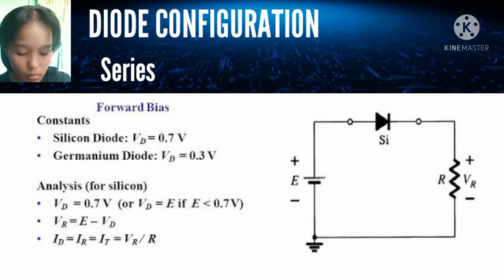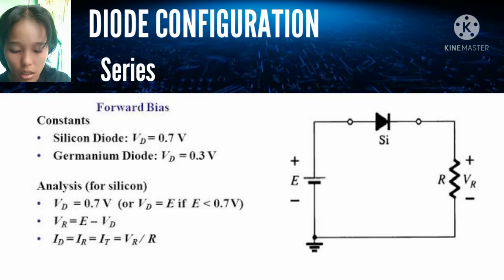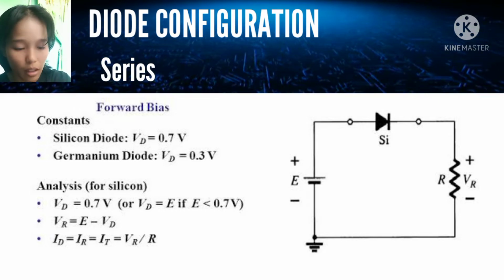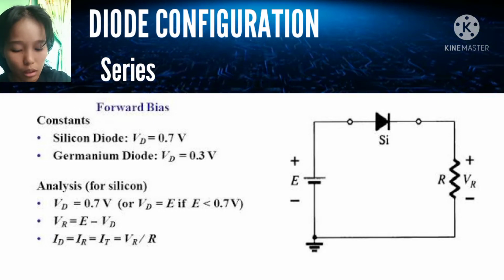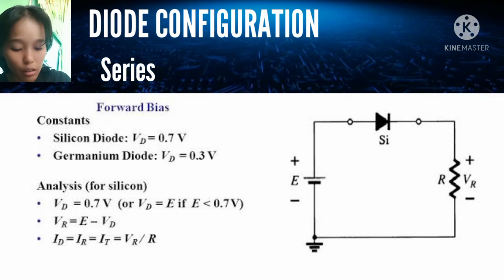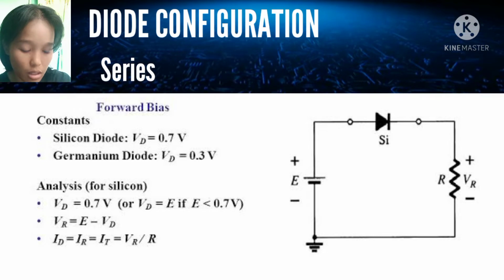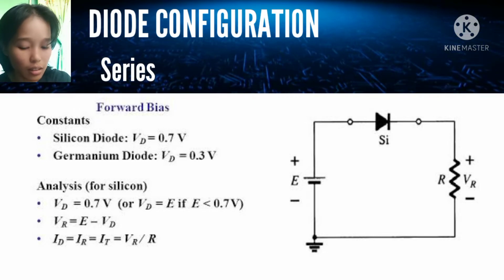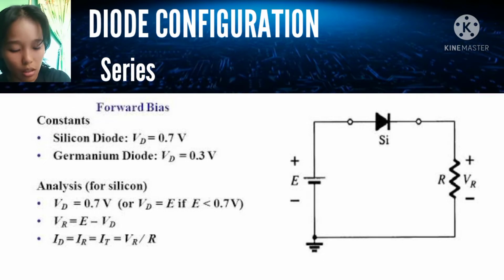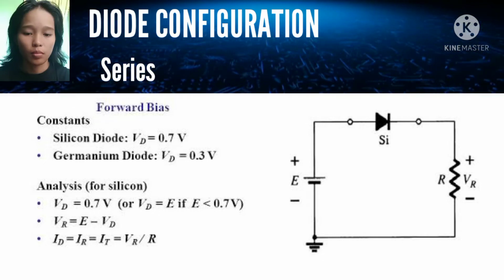Therefore our diode voltage VD is equal to 0.7 volts, and we can also say that VD is equal to E if and only if our external voltage is less than the diode voltage of the silicon, which is 0.7 volts.